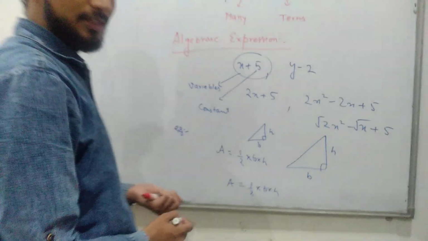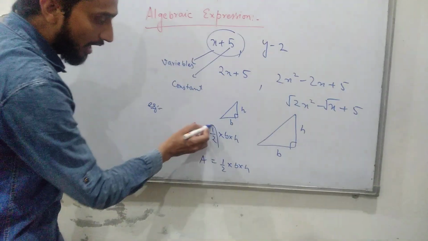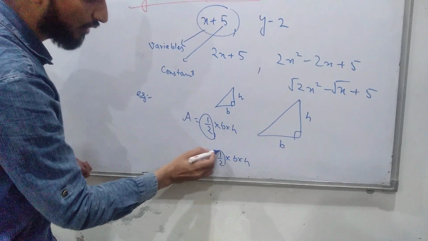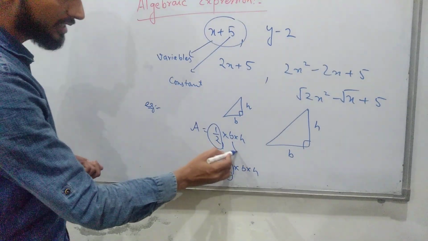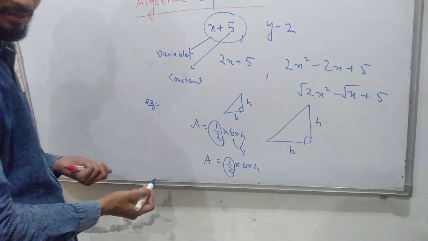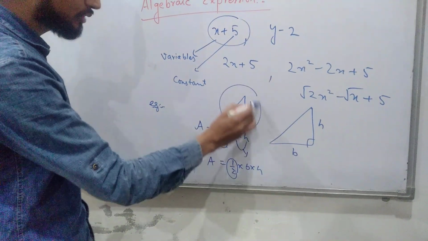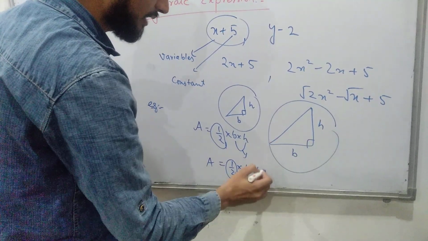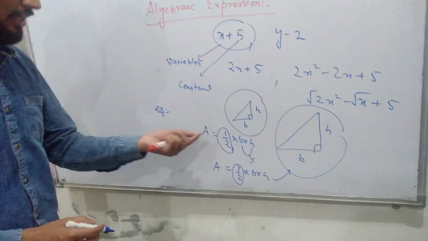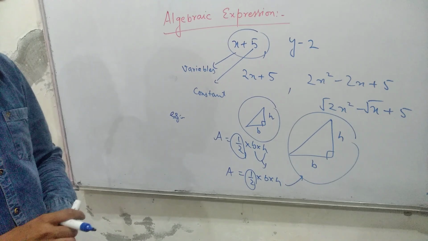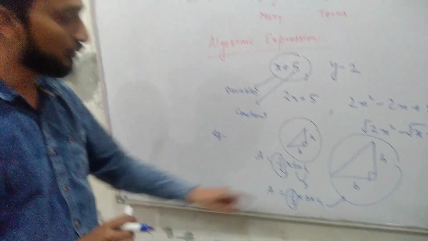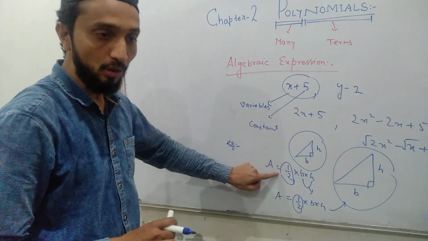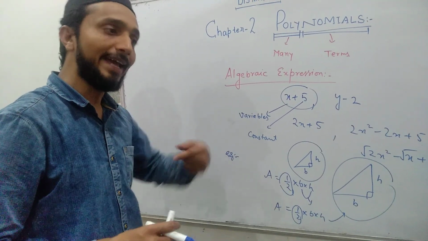But what is the difference? See here, this half is constant in this formula and in this formula also. But the base and height are different, because this is a small triangle, so its base and height are something, and this is a bigger one, so its base and height will be different. So let's talk about what the variables and what the constants are in this formula of a triangle. Half is the same here and here also. So this value is constant, meaning we can take any right triangle.